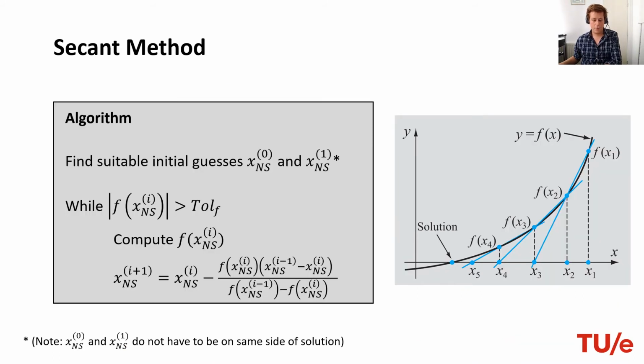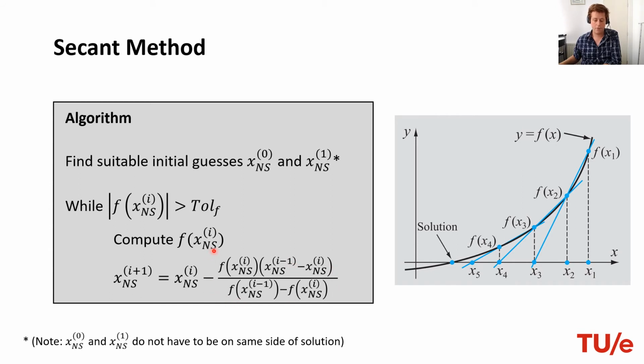So in terms of algorithm, this also looks very similar to Newton's method. So we find suitable initial guesses, and here we actually need two. They do not have to be on the same side of the solution, but that's a detail. And while our stopping criterion is not met, in this case the value of the function larger than a certain tolerance, which we define beforehand, we compute the function in the current solution, and that allows us to compute this secant line.